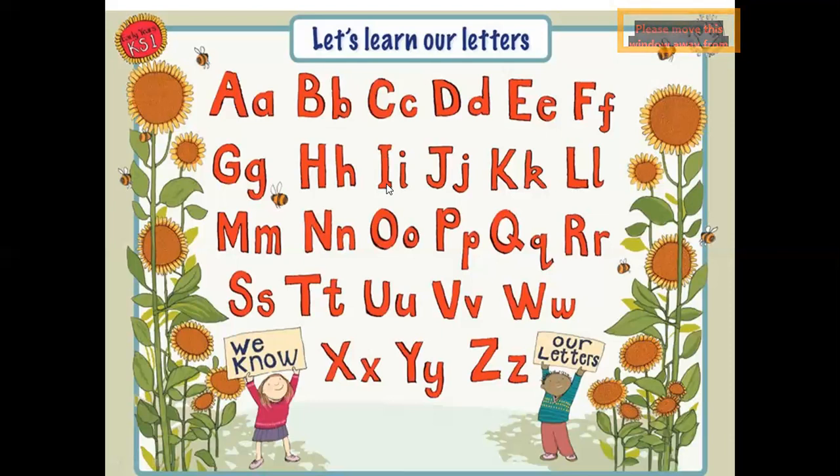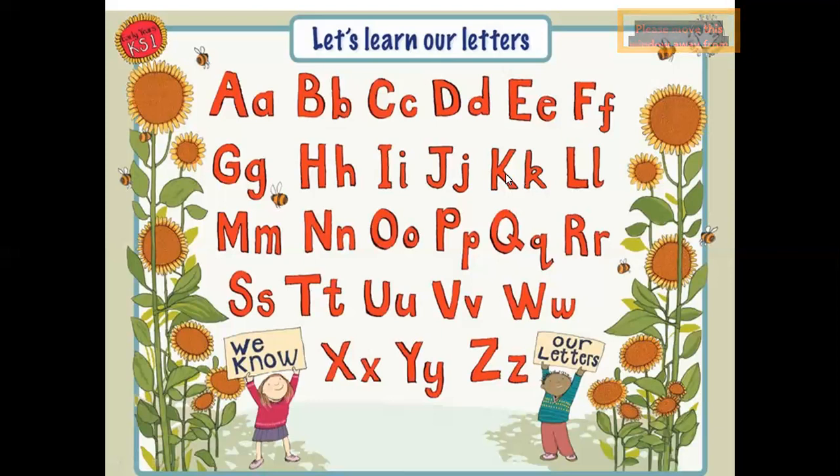I, igloo, ice cream, and iron. Now the next letter is J. This one is the big J and this one is the small j. J, jug, juice, jet, jacket.